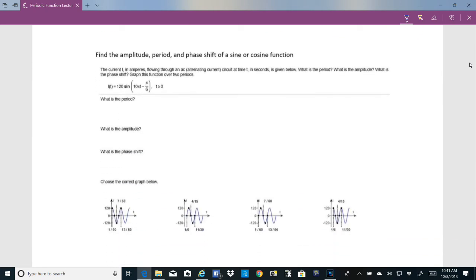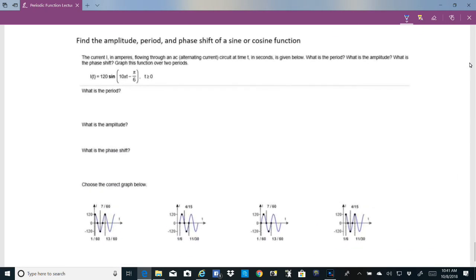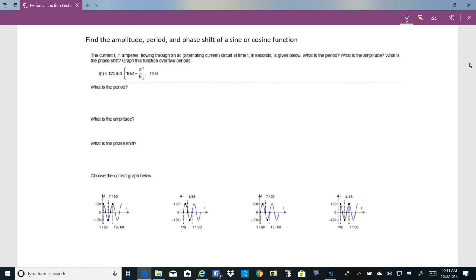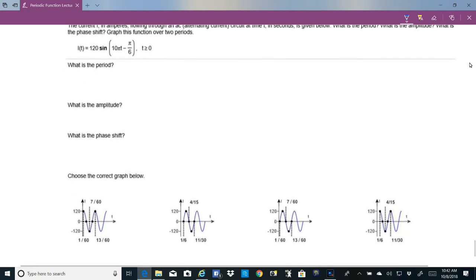The last item I want to cover is going to include phase shift. We want to find the amplitude, period, and phase shift of a sine or cosine function. And we have a function here. The current in a circuit is 120 sine of 10 pi t minus pi over 6.